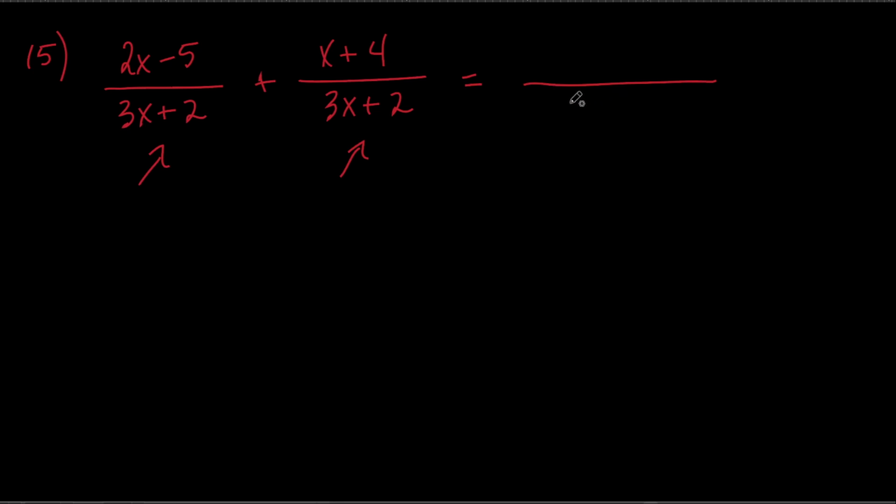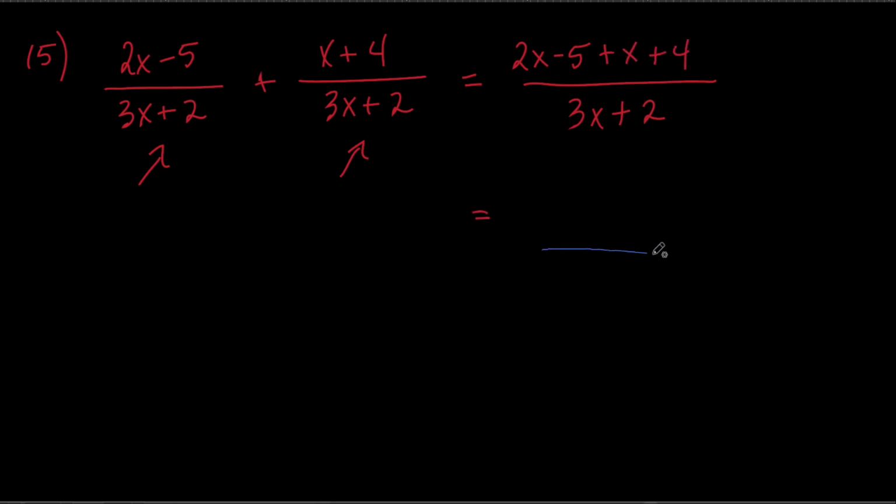So I can put everything over the common denominator. Do not try to add the denominators together. Do not put 6x plus 4. It's not how you add fractions. If you have the same denominator, you keep the denominator the same, and then you just add the top. So what do we have? I'm just going to write it out so I don't confuse you. 2x minus 5 plus x plus 4.